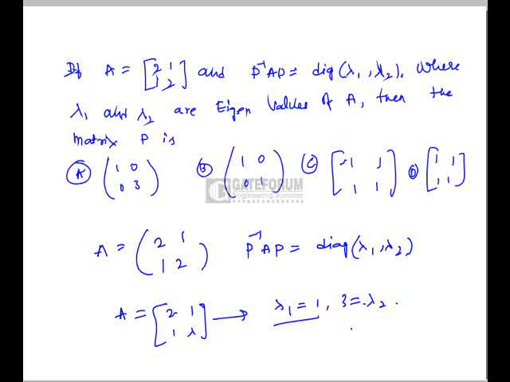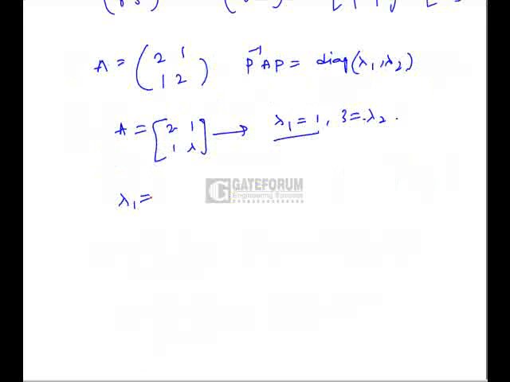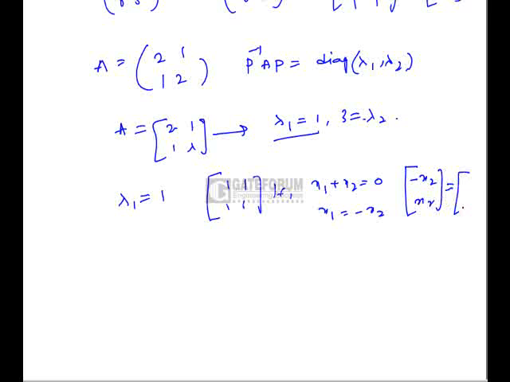Let 3 be the second eigenvalue. Now when I take the eigenvalue as 1, we have the matrix 1 1 1 1. That is nothing but x1 plus x2 equals 0, which can also be written as x1 equals minus x2. From this we get the vector minus x2 and x2, so it will be minus 1 and 1. Similarly, if I take the eigenvalue as 3, then the matrix will be minus 1 1 1 minus 1.